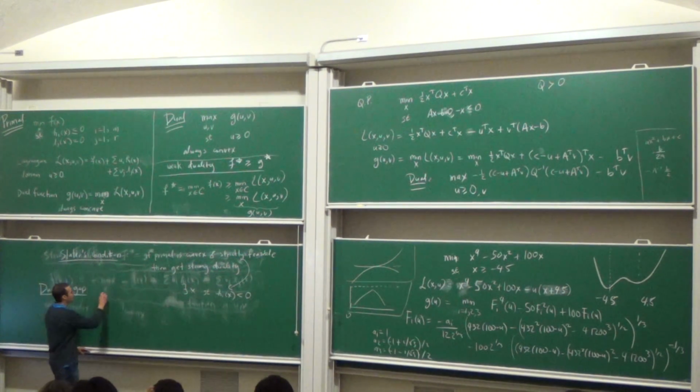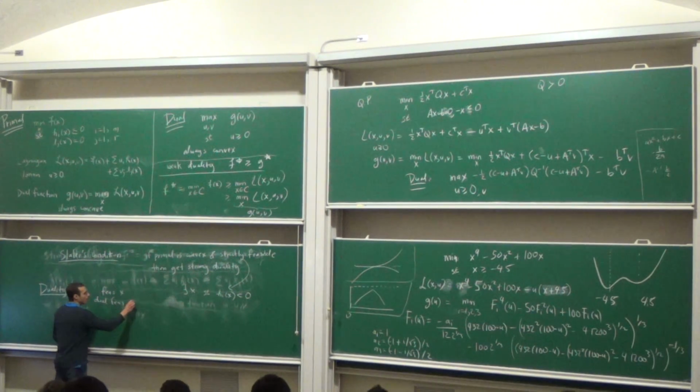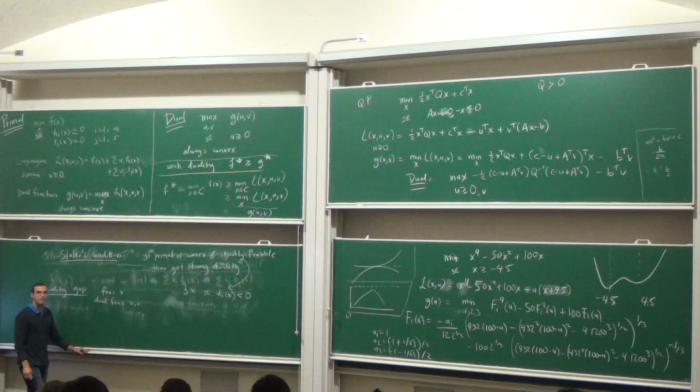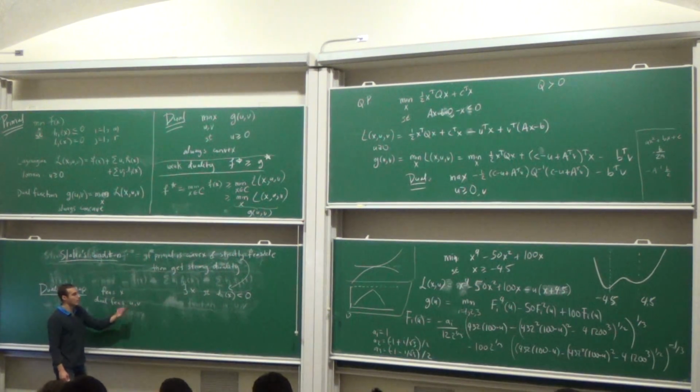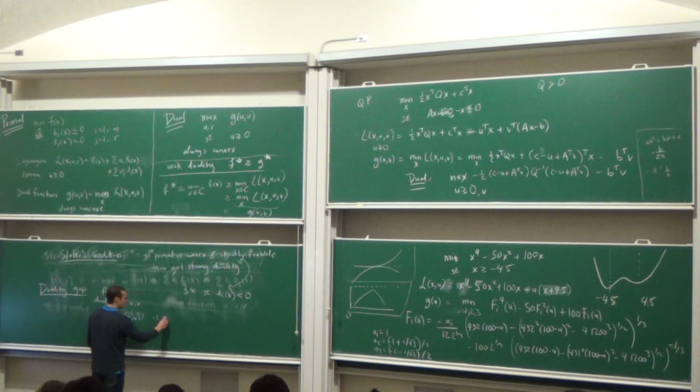If we have a feasible point x and a dual feasible pair, u and v, so this just means that u is non-negative and v is anything, then the quantity f of x minus g of u, v is called the duality gap.